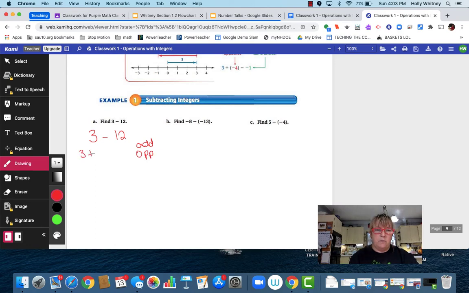Say 3 plus a -12. Now we just do the rules of addition. Are the signs the same or different? They're different signs, so we subtract. 12 subtract 3, we end up with 9, and it is a -9.